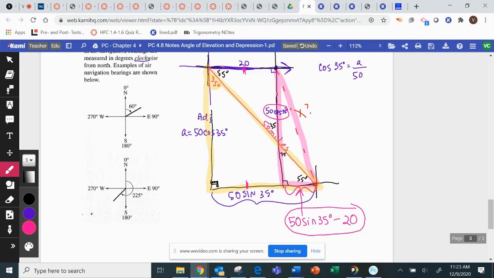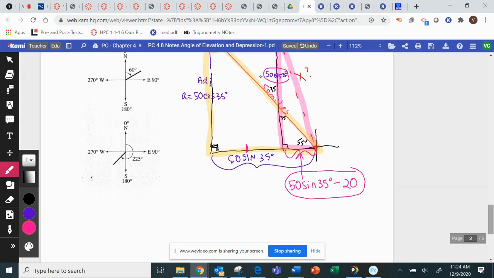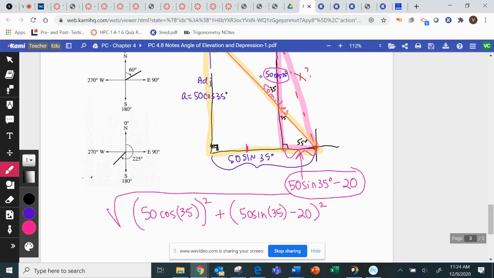So what can we do? We can do Pythagorean theorem. So 50 cosine 35, your calculator is going to open up an extra parenthesis, so I'll draw that squared, plus 50 sine 35, close that parenthesis, minus 20, close that parenthesis, squared, and then you have to square root that.